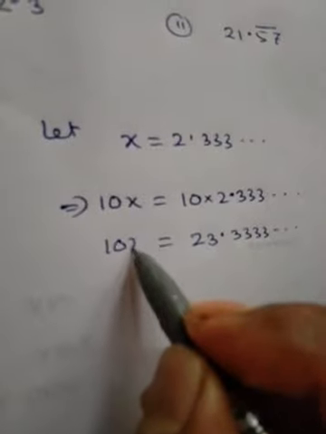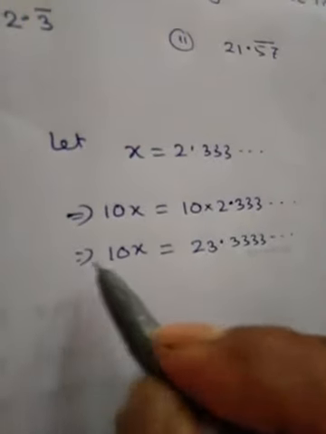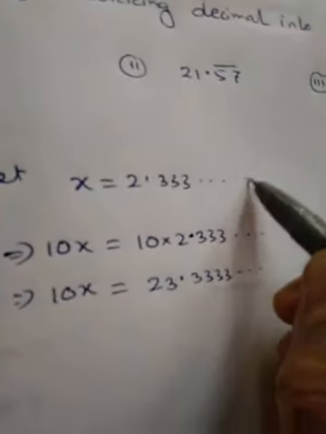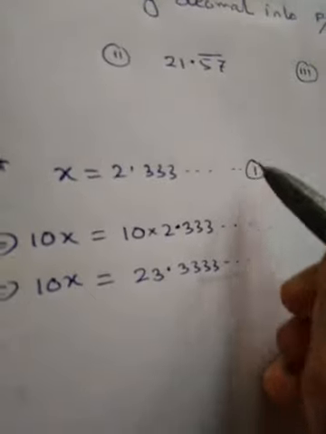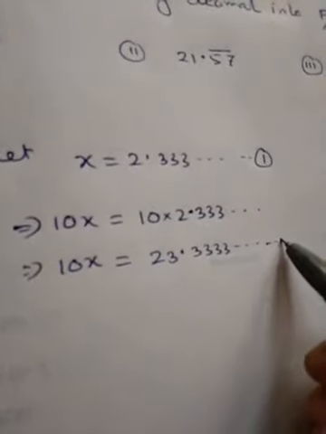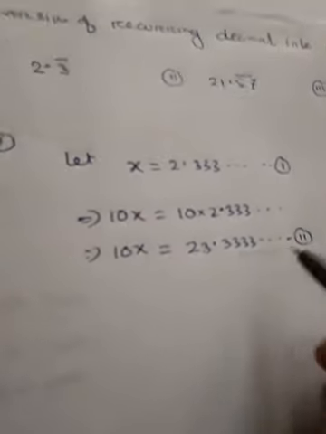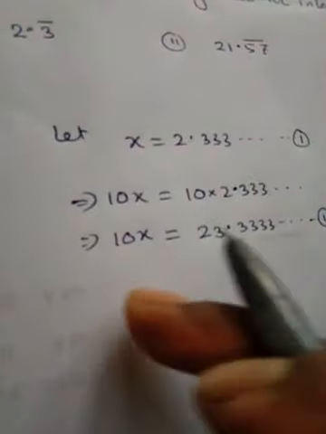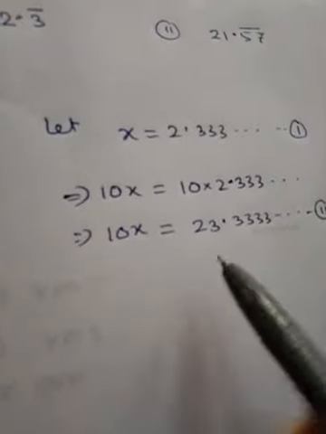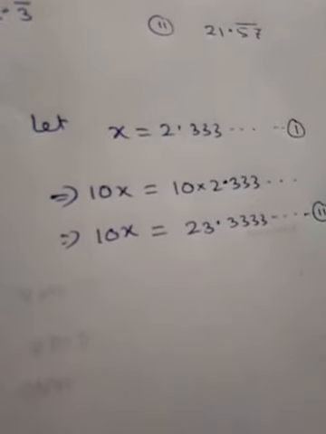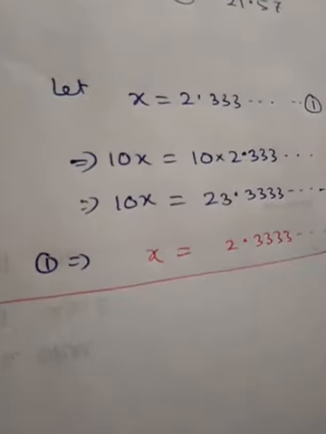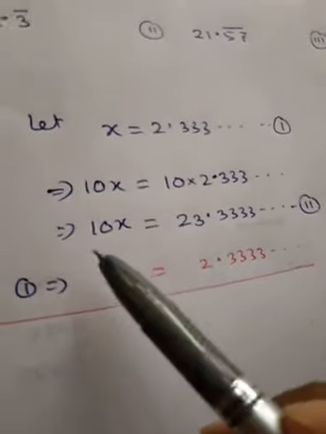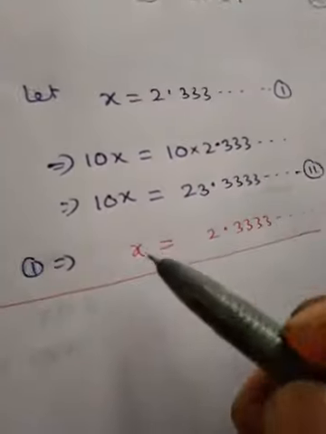So it is 10x equal to this. In the earlier step we can mark it as equation 1, and this step we can mark as equation 2. Now below this step we'll write equation 1 once again, and then we'll subtract it from equation 2.